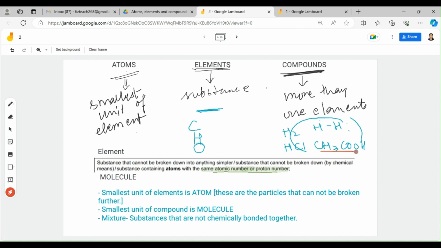We can also have compounds with multiple atoms, for example ethanoic acid over here. What is an atom? The smallest unit of an element is an atom. What is a molecule? It is the smallest unit of a compound. And what is a mixture? Substances that are not chemically combined together, but are physically together.